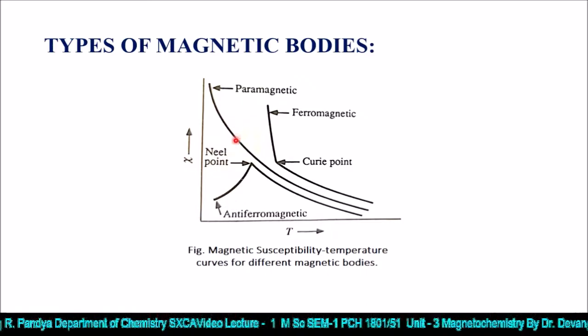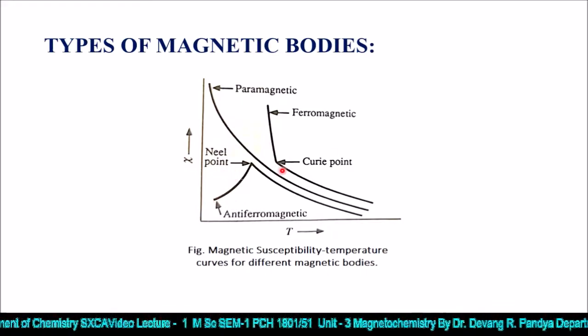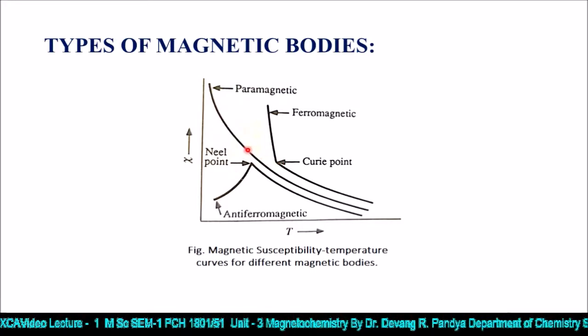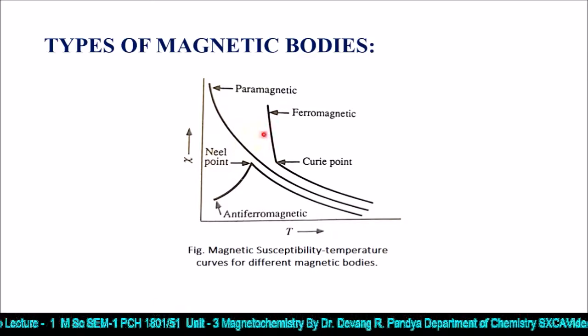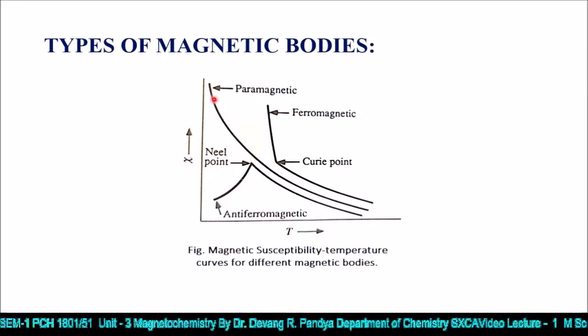So a paramagnet can be ferromagnetic or antiferromagnetic. The condition is that at the Curie point or Néel point, its behavior must deviate from the magnetic property of the paramagnetic material.